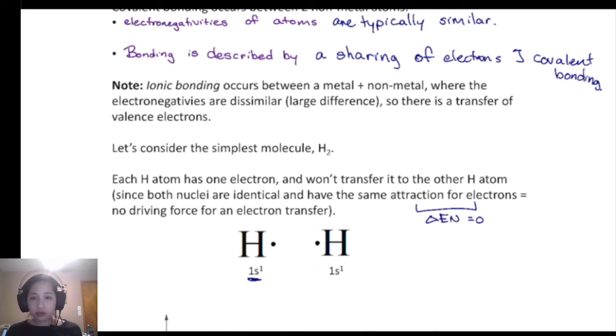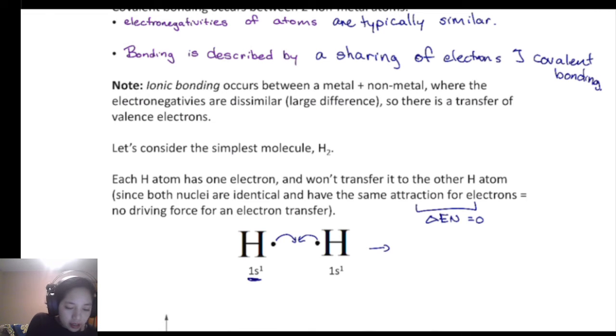There's no driving force for electron transfer. So this electron isn't going to hop over onto this hydrogen. No. What's actually going to happen is that each of the hydrogen atoms will share one electron with the other.